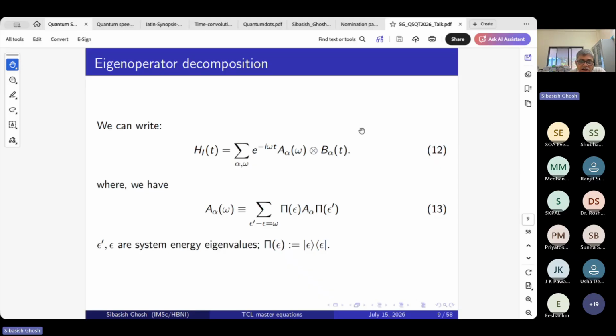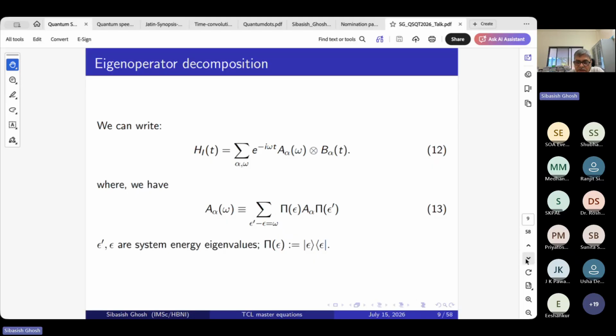Before that, I will use a Fourier representation of the interaction picture interaction Hamiltonian, and instead of A_alpha(t), I go to its frequency domain, where this is a sum over the system energy eigenoperators corresponding to energy epsilon, pi alpha and pi alpha prime, and where the energy difference epsilon prime minus epsilon is omega, because you remember we have taken h-bar to be equal to 1. So this is actually the energy, right?